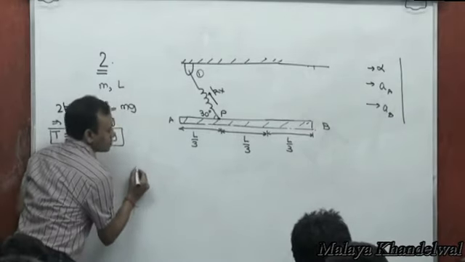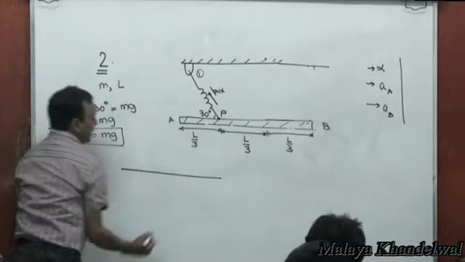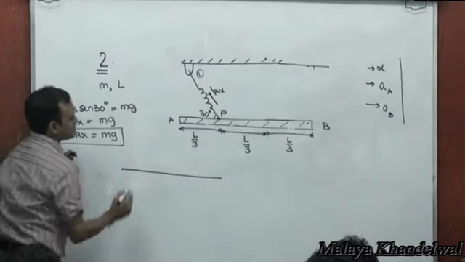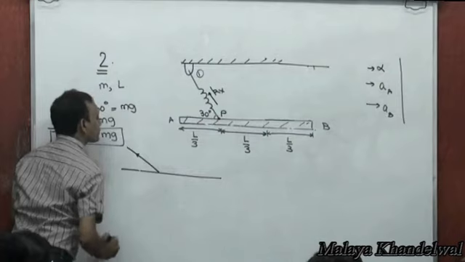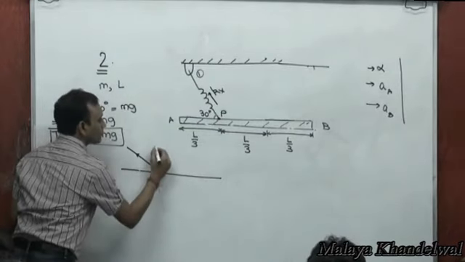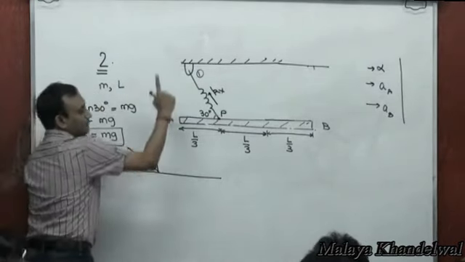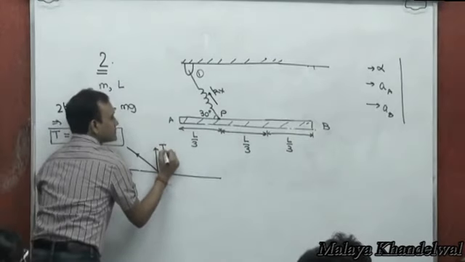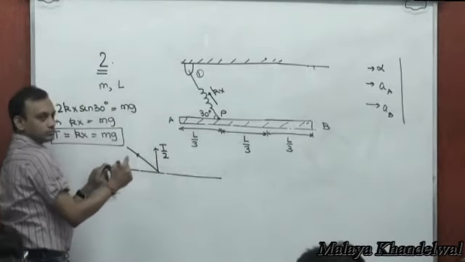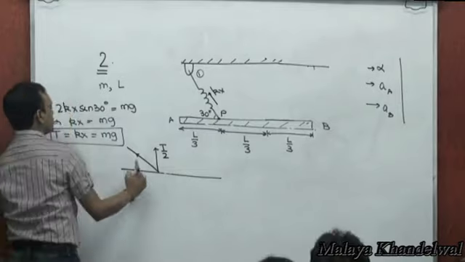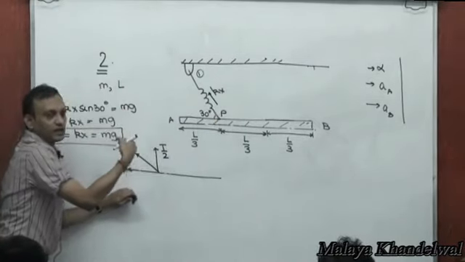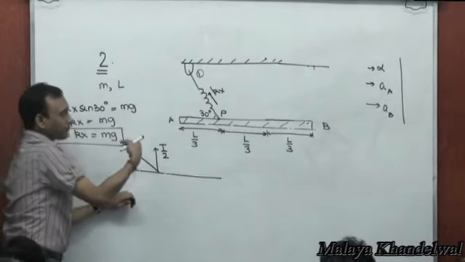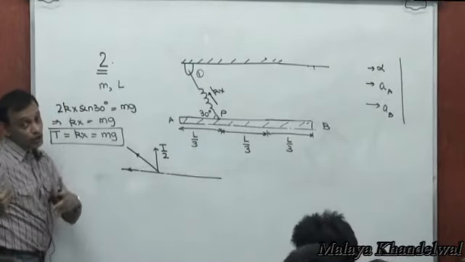So the forces acting on the rod right after spring 2 is snapped: T sine 30 degrees upwards, that means T by 2, where kx is T, so T by 2 upwards, and T cos 30 degrees parallel to the rod, that means T root 3 by 2.